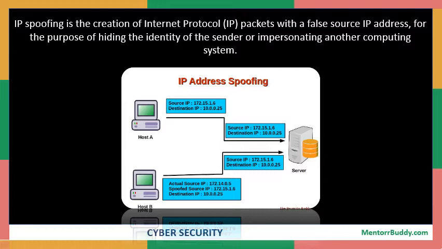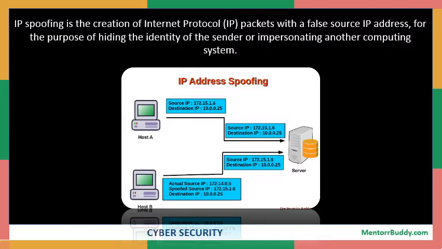So we are trying to send some packets of data from host A with an IP address that is 172.15.1.6. When we send this to the server, it goes with the address of 1.6, but my actual IP is 172.14.0.p.